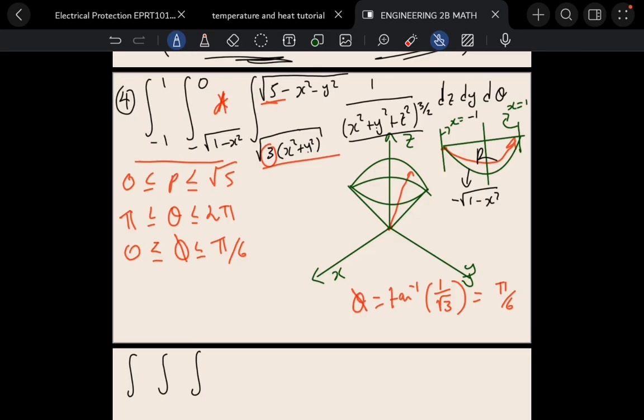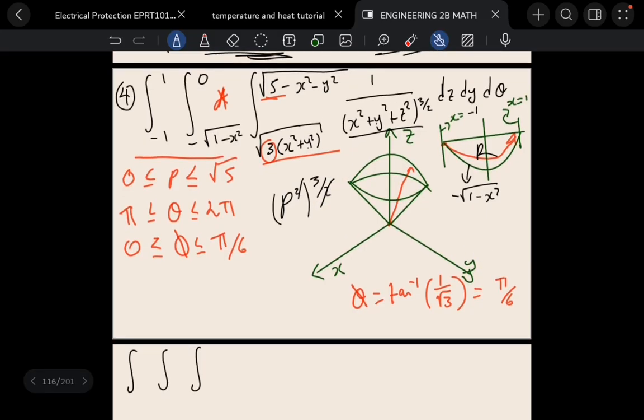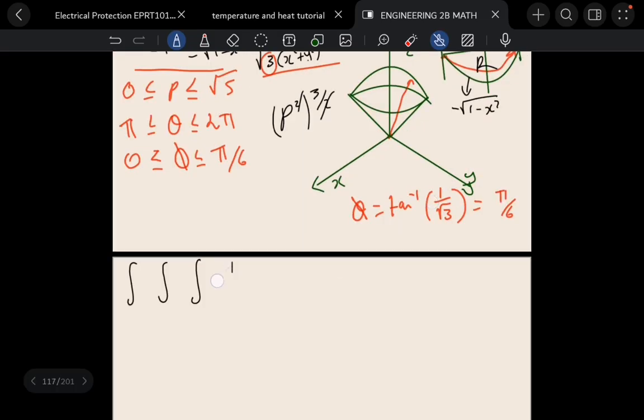And if we say rho squared all to the power 3 over 2, these two and these two will cancel out. So the entire denominator that you see there is actually going to be rho cubed. So now I have 1 over, I'm just going to write it though, 3 over 2 times rho squared sine phi d rho d phi d theta.